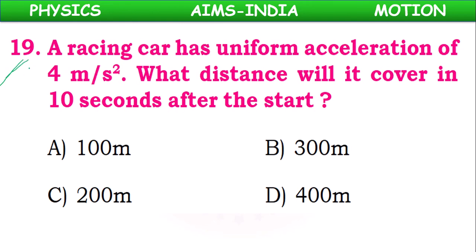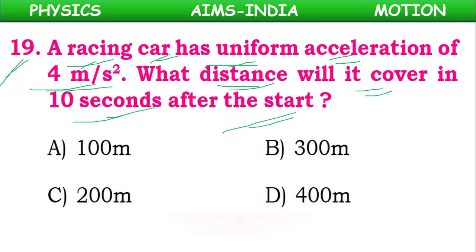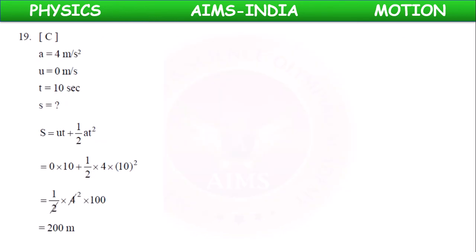Next, 19th question. A racing car has a uniform acceleration of 4 meter per second square. What distance will it cover in 10 seconds after the start? They have given the acceleration of the racing car and the time. We have to find the distance.